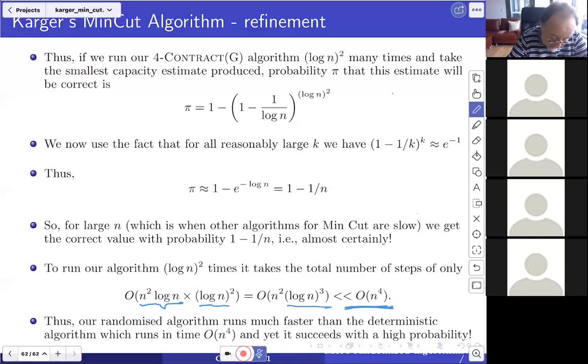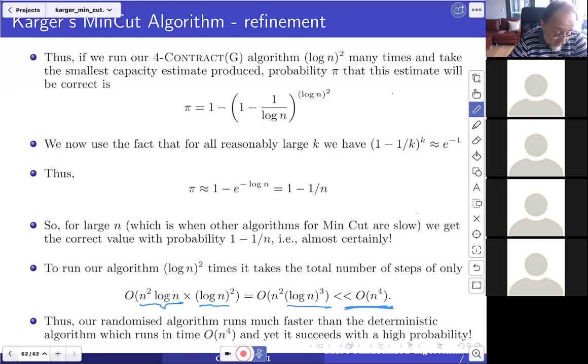Then Karger amplified this probability to 1 over log n, which is much better, much larger than 1 over n squared, but it is still prohibitively low.